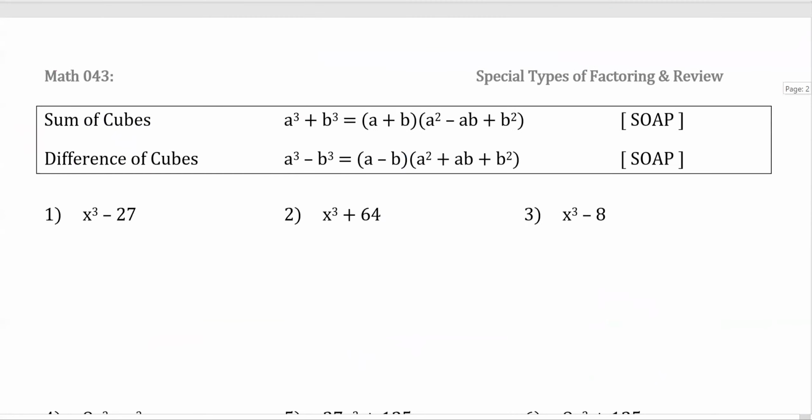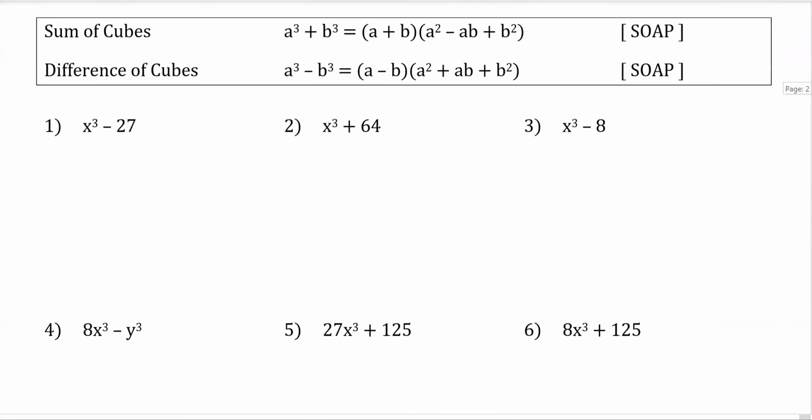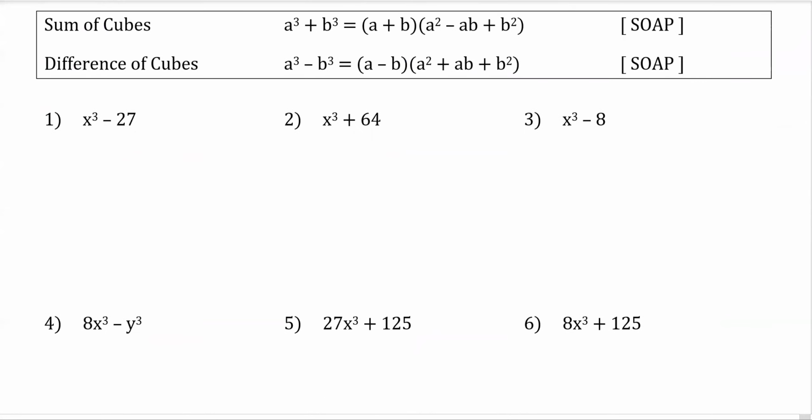Now let's take a look at sums of cubes and difference of cubes. You're going to use this pattern when you have 2 terms, and the first and the second term are both perfect cubes.